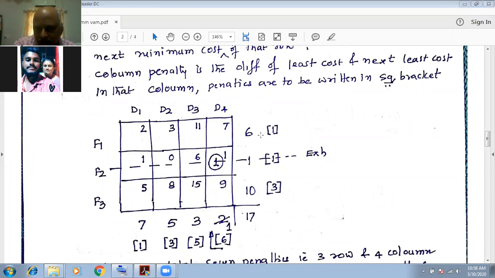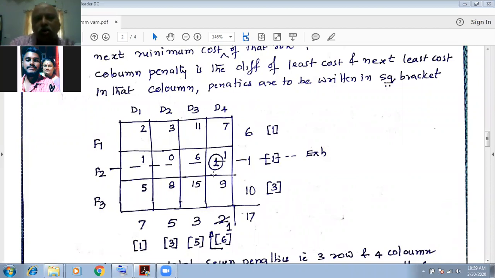You have to write that penalty 1 to the right side of that row in a square bracket like this, 1. Come to the second row. You don't consider this cross line right now because they have already solved this. In the second row, you just look into the least cost. Least cost is 0. The next least cost is 1, either this one or this one.